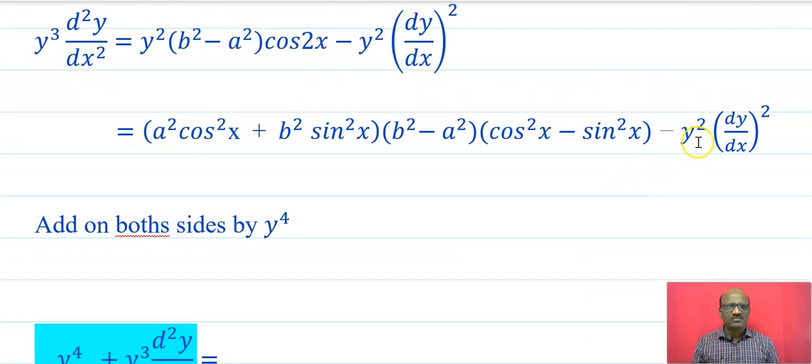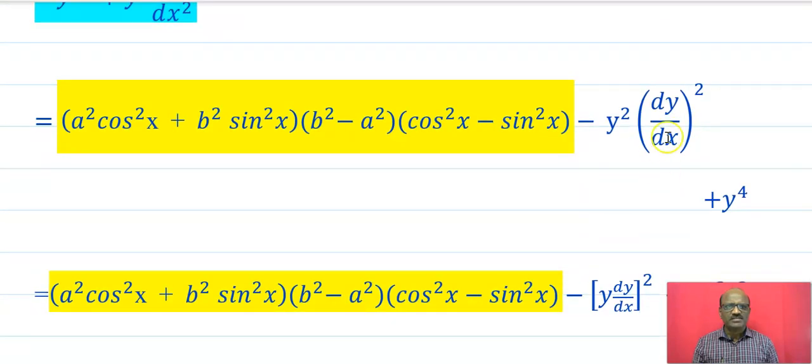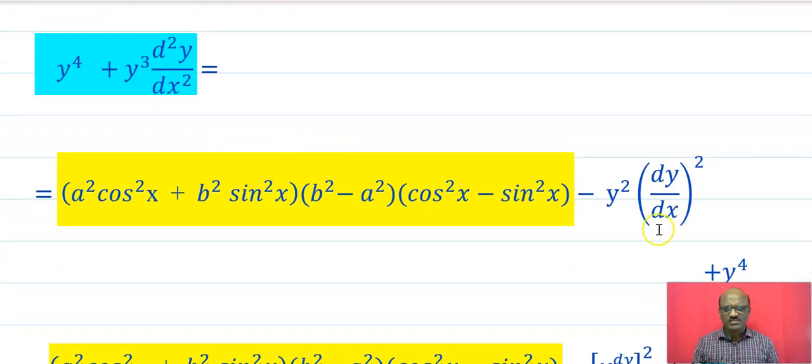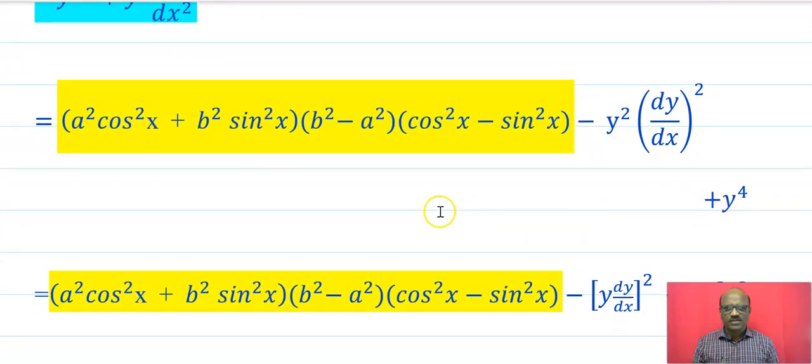Next is minus y square into dy by dx plus y raised to 4, because we are adding y raised to 4 on both sides. Therefore, here you will get a square cos square x plus b square sin square x in bracket b square minus a square and cos square x minus sin square x.